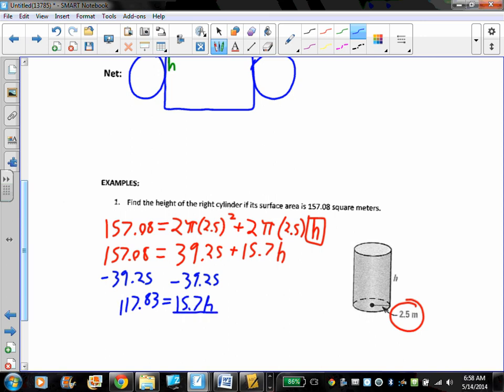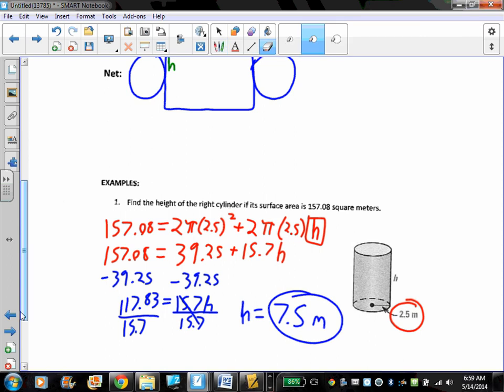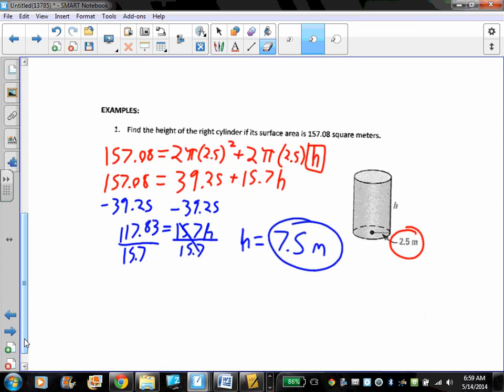And now we'll just divide both sides by 15.7. And we get that h is about equal to 7.5 meters. So there's that problem. Moving over to the other side of the sheet.